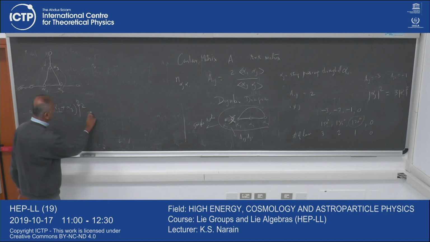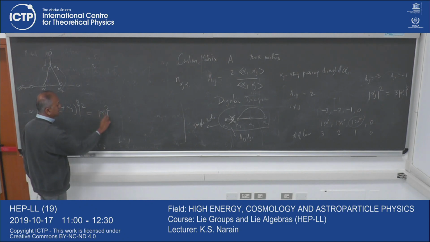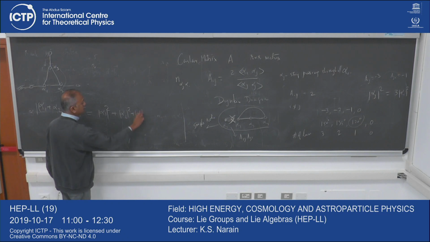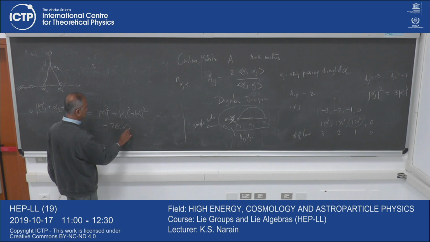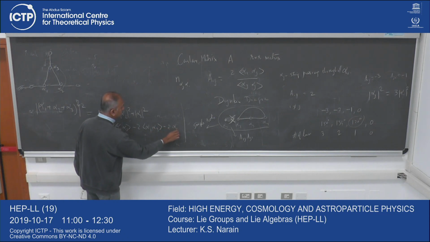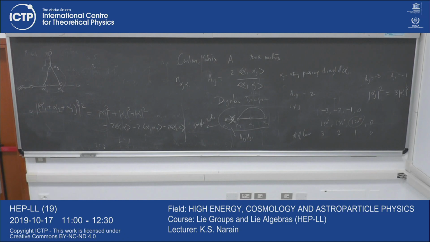What you get is alpha 1 squared plus alpha 2 squared plus alpha 3 squared, minus 2 alpha 1 alpha 2, minus 2 alpha 1 alpha 3, minus 2 alpha 2 alpha 3. I just open it up. Correct?